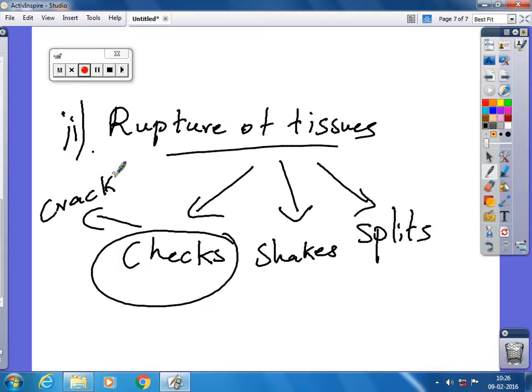Note down, when the living trees are felled, the internal stresses are released, which result in separation along the grains.